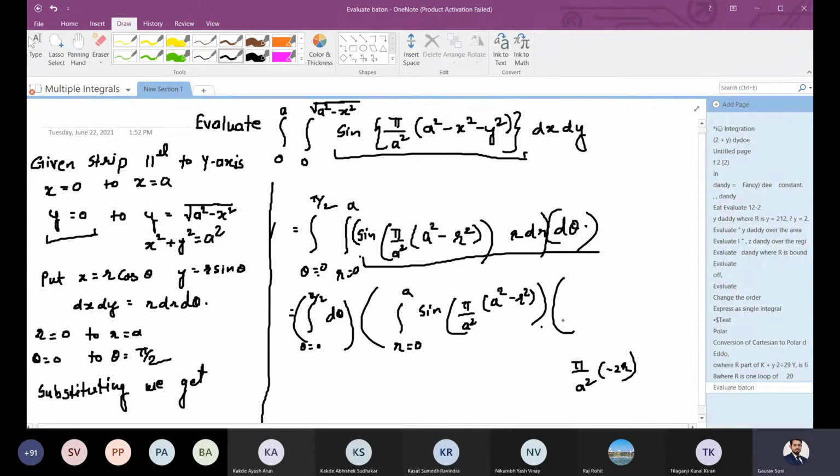What I need here is minus 2 pi by a square into r dr. What extra things have I got there? So I will multiply by minus a square divided by 2 pi.